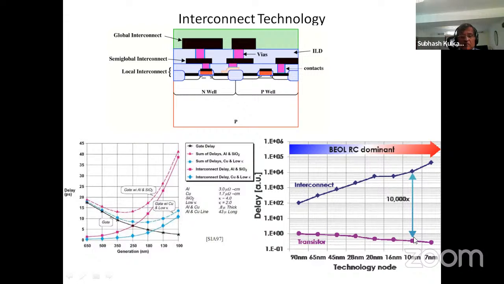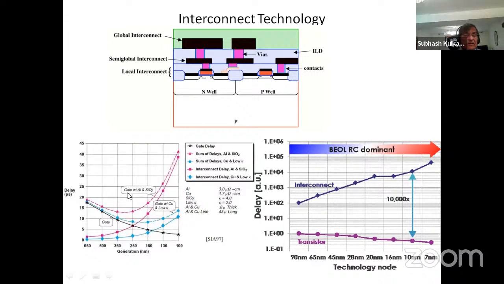So whatever transistor performance you get by reducing the size and putting a lot of money in research, most of it gets wasted unless you handle the back end part, because you lose all that capacitance, all that delay is coming from your back end, and it's killing your transistors.